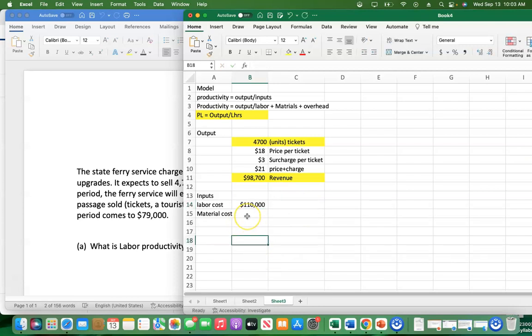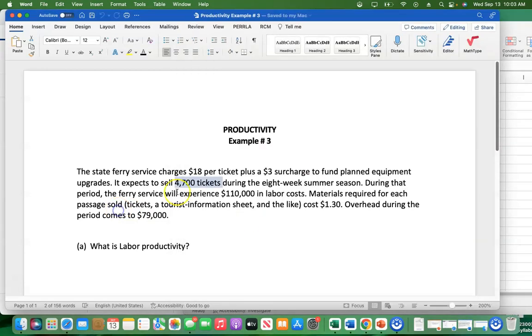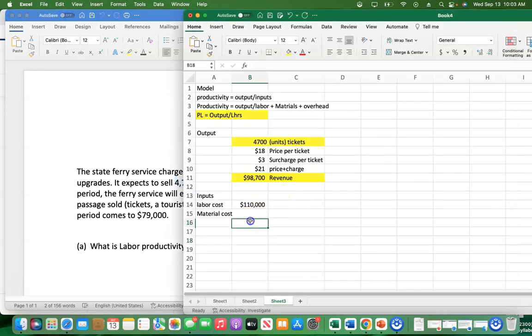So for the material cost, we are told that each ticket or the bundle will cost $1.3. And so for material cost, we'll write 1.3 is the cost of materials per ticket, or per bundle.